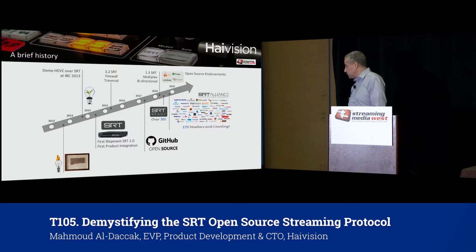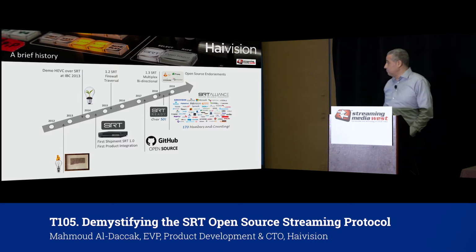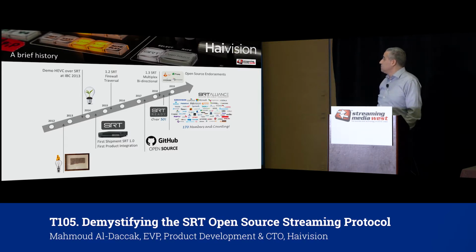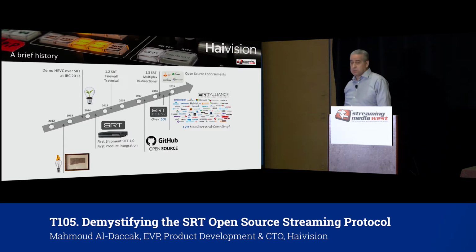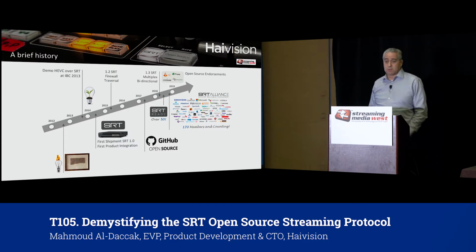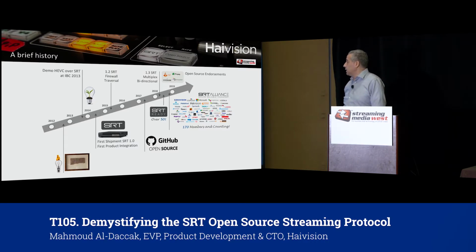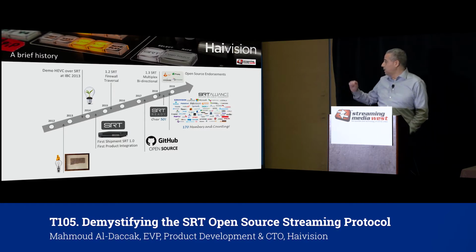So we open sourced it, and the rest is almost history from there. We released 1.3, which introduced some multiplexing capability on the same UDP port, and some bidirectional support. I'll talk about them there.